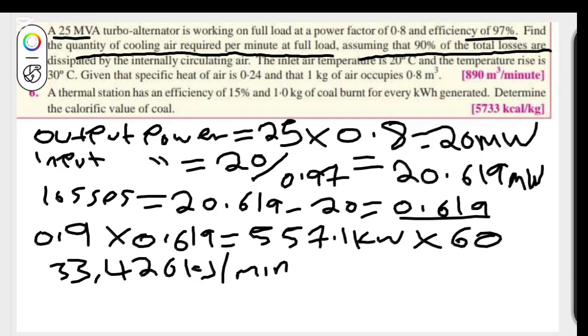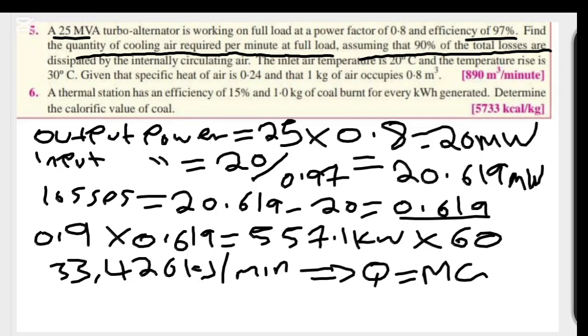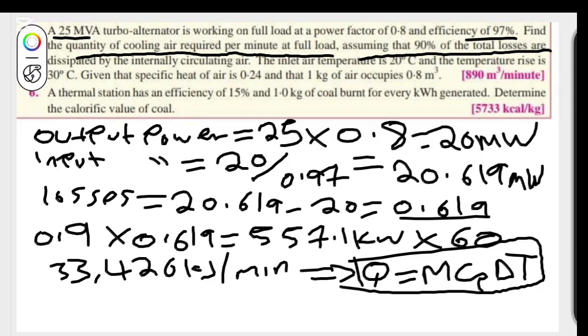As you all know, for the heat absorbed by air, we can use the relation Q, which is the same thing as mCp delta T. But what will be our Cp?